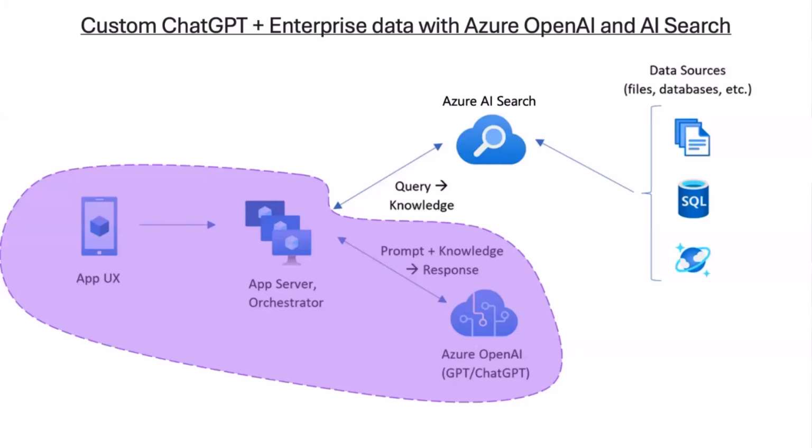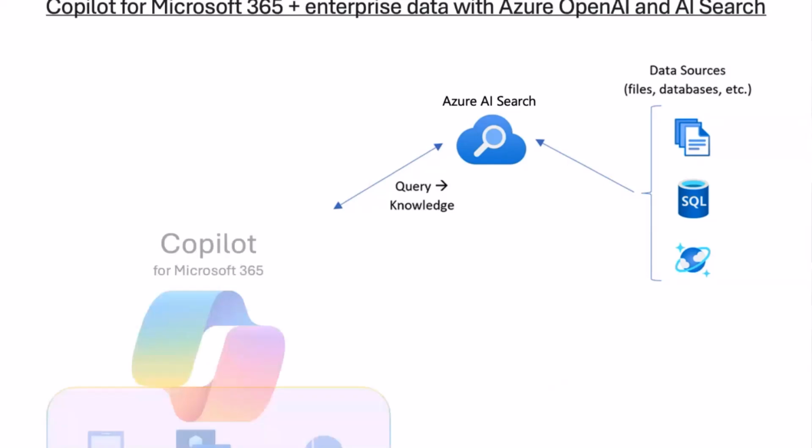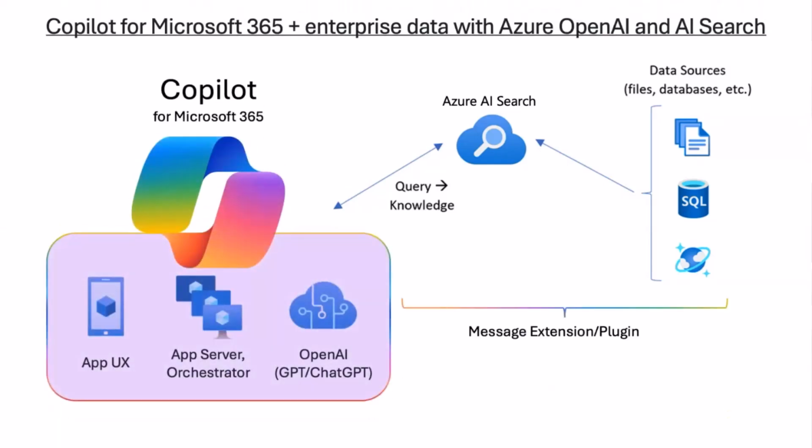What if we replace this custom chat experience with Copilot for Microsoft 365, and the only thing you need to do is build your plugin and integrate your plugin with Azure AI Search so you can make search across your data sources available. This definitely gives us the benefit because we don't need to think about maintaining our own generative AI app, and we don't need to maintain the LLM model.